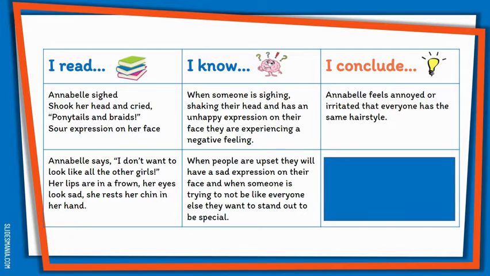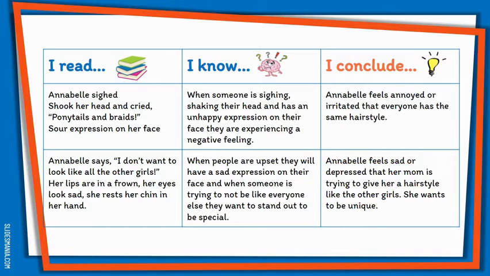I also know that when someone is trying not to be like everyone else, they want to stand out in order to be special. I can draw the conclusion that Annabelle feels sad or depressed, very down, that her mom is trying to give her a hairstyle like the other girls. She wants to be unique.